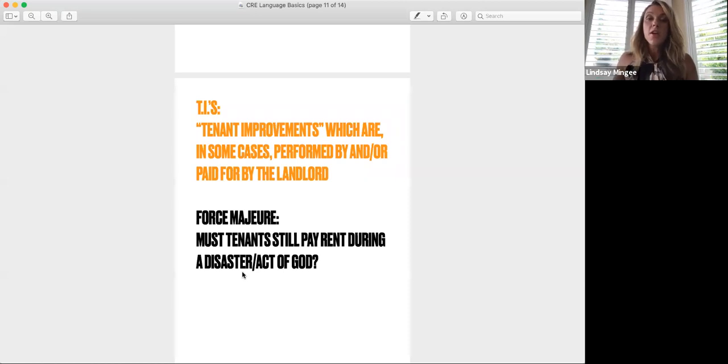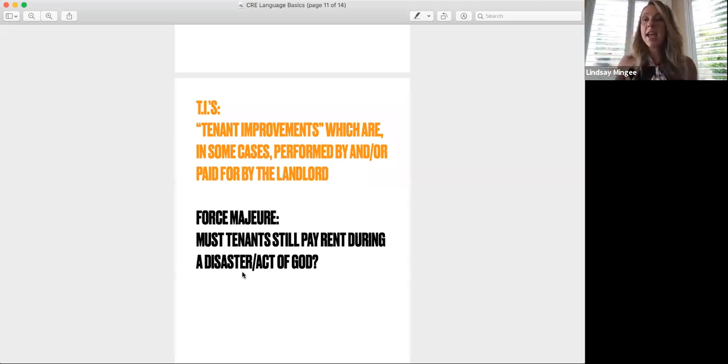So that's a TI. At the end of the day, if a dentist is leasing a space from me and the dentist leaves, I still own that restroom, right? The tenant doesn't get to tear it out and take the toilet with them and put it in their new dental office. So tenant improvements are fixed and permanent inside the property.